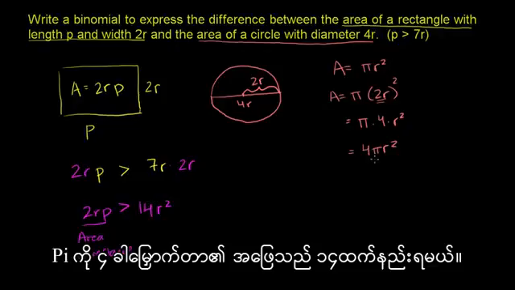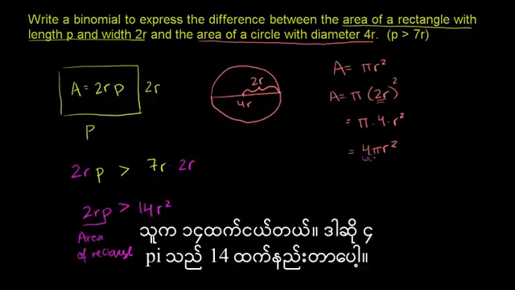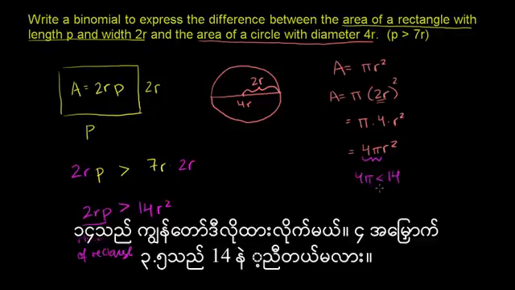Well, 4 times pi is going to get us something less than 14. So this is 4 pi, and 4 pi is less than 14. Let me put it this way. 4 times 3.5 is equal to 14, right?